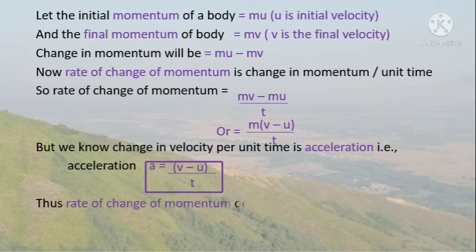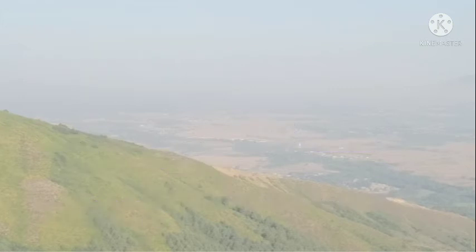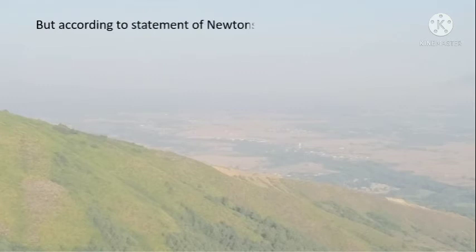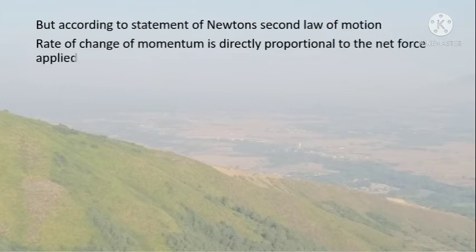Thus, rate of change of momentum depends directly on mass times acceleration. But according to the statement of Newton's second law of motion, rate of change of momentum is directly proportional to the net force applied. Thus, we can say force is directly proportional to mass times acceleration.